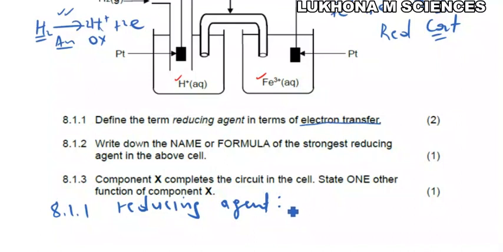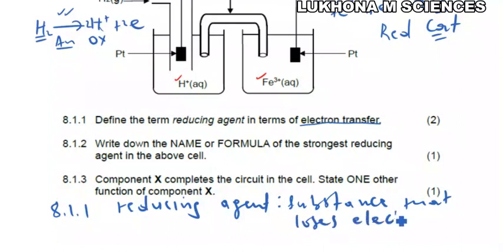A reducing agent is a substance that loses electrons. Then you get your 2 marks. That is the reducing agent.